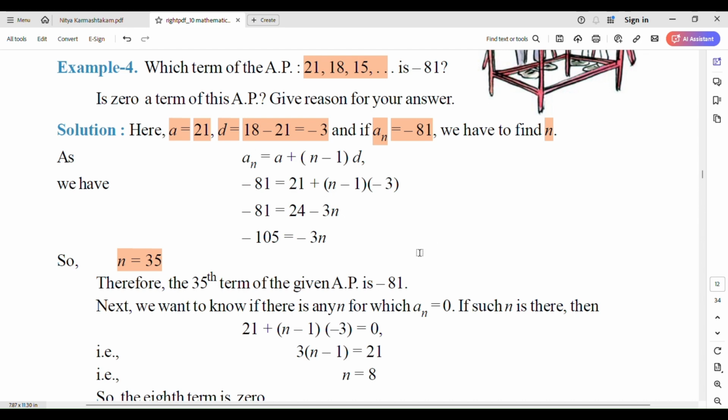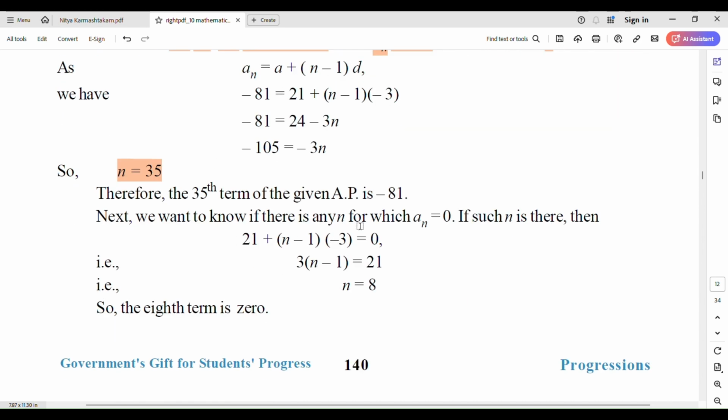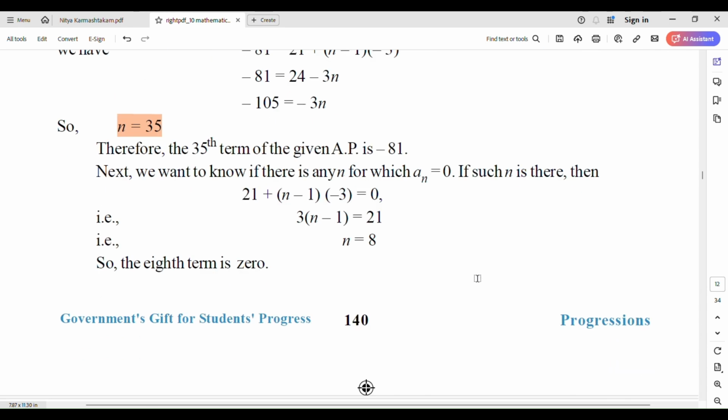That can also be done, okay? And we can also find out which term is 0. If it is asked, this is equal to 0, we'll substitute and we'll get n equal to 8. Eighth term is 0.